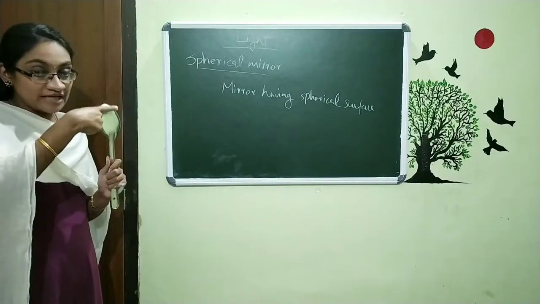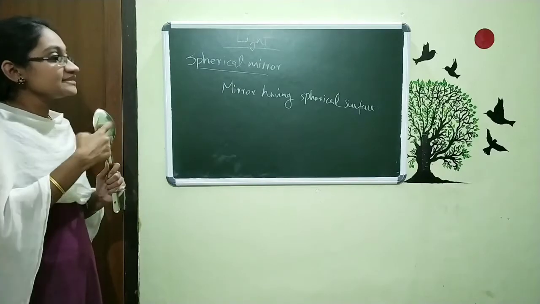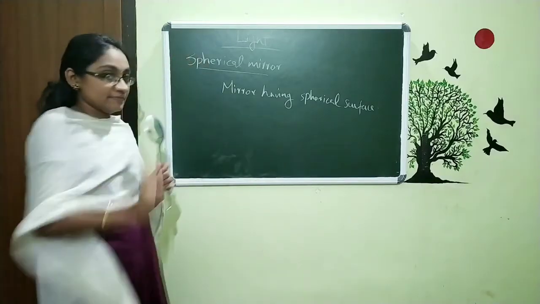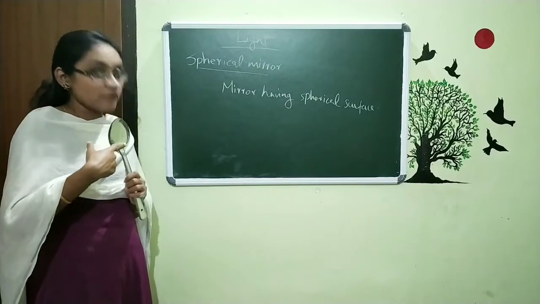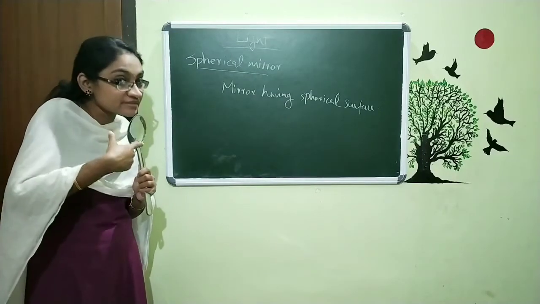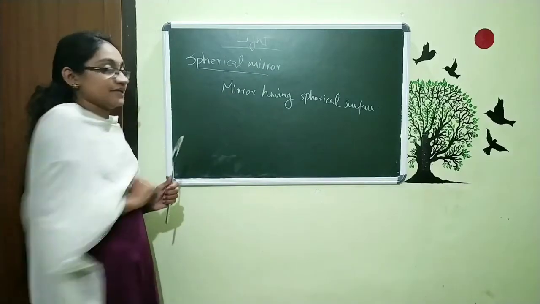It is not flat. It is a little curved. So we can say this is one example of a spherical mirror. And this side is also not plane. It also has a curve, so we can say this is another spherical mirror.